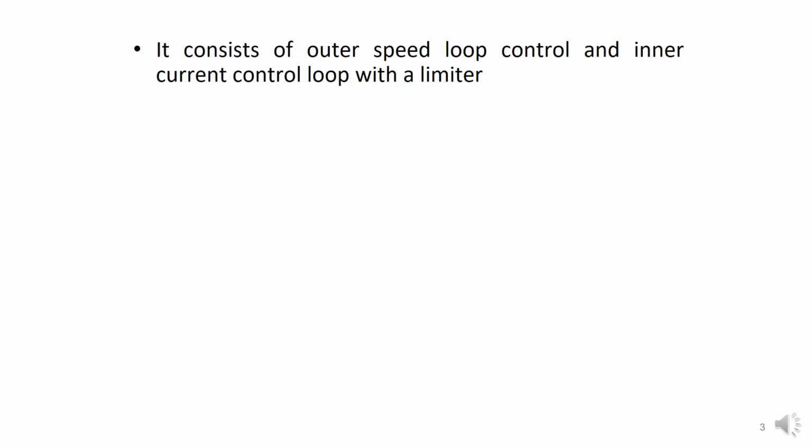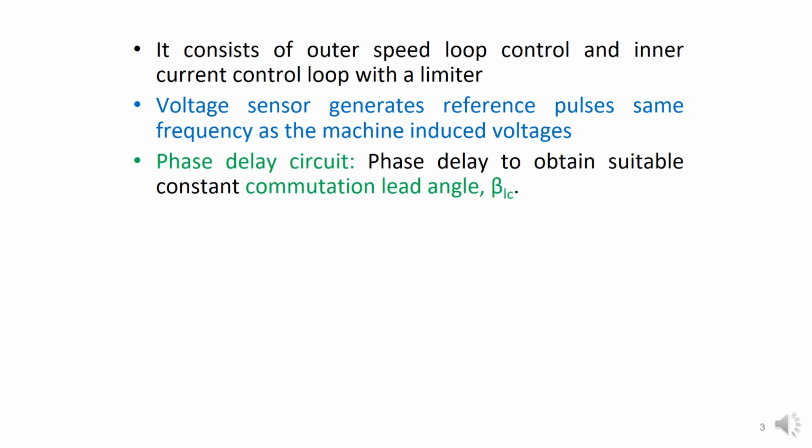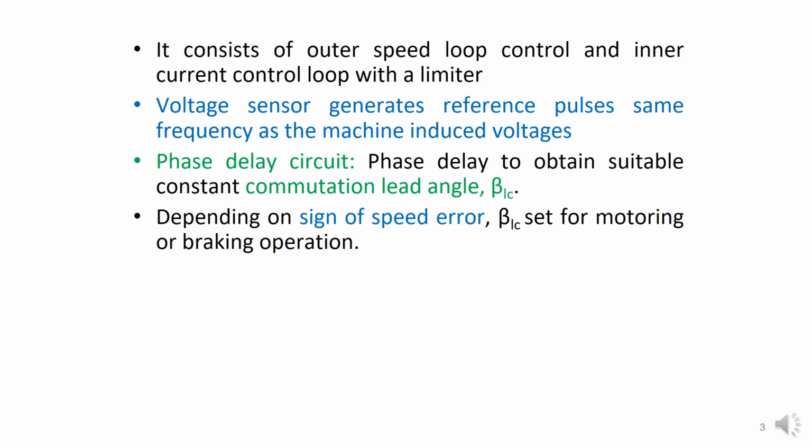This slide gives the explanation of the above block diagram. Let us recap. It consists of an outer speed loop control and an inner current loop control. We have also seen that the voltage sensor generates reference pulses of the same frequency as the machine induced voltage, and the phase delay circuit, depending upon the sign of the speed error, sets BLC for motoring or braking operation.